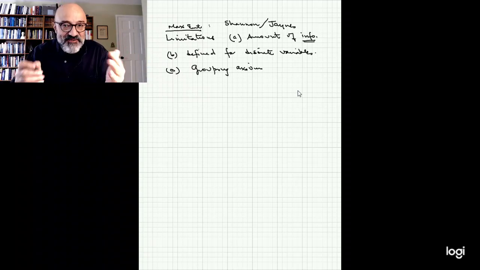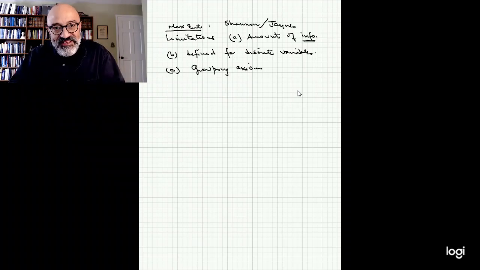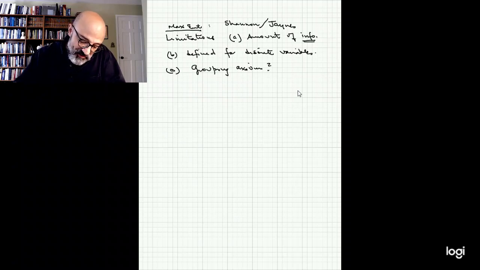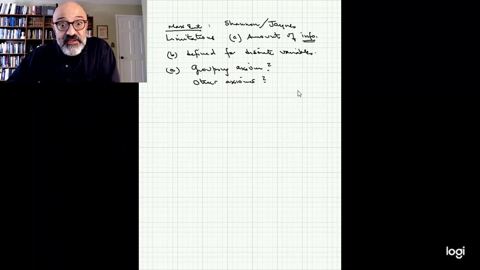The grouping axiom was sort of reasonable, but not completely unimpeachable. So there is a question that you might ask: are there other axiomatic systems that might be used to define an entropy? How unique is the Shannon-Jaynes entropy?